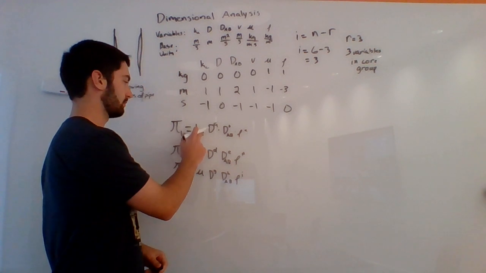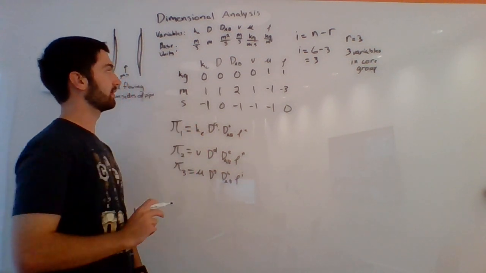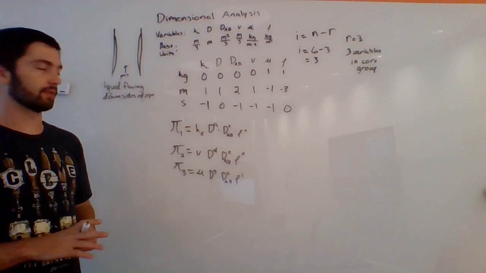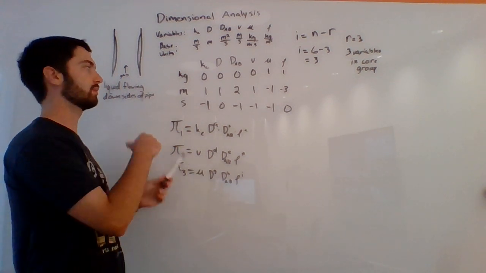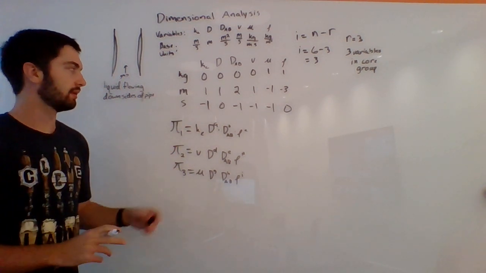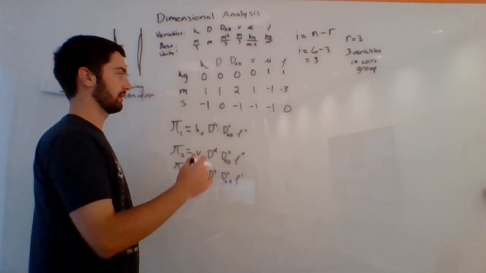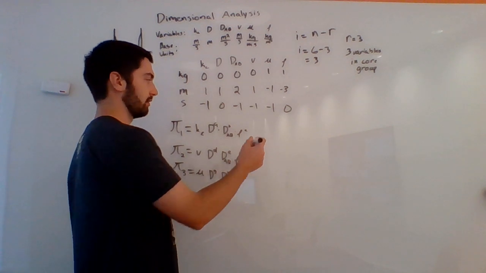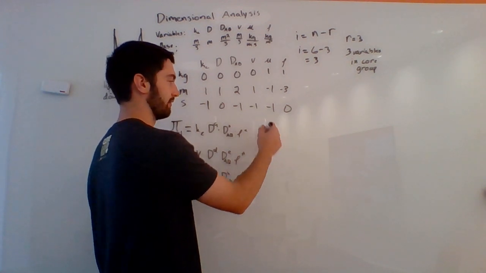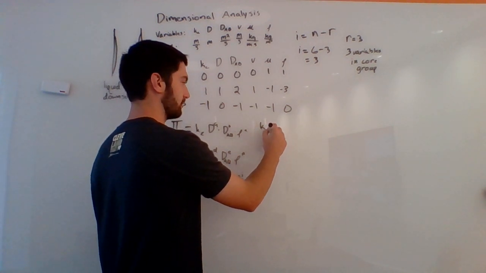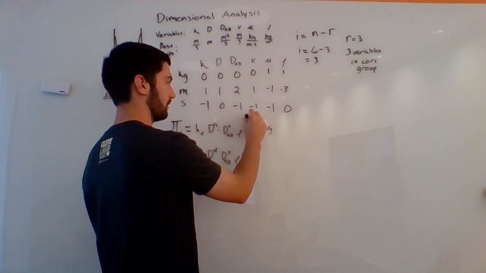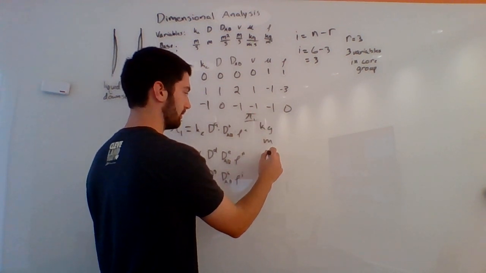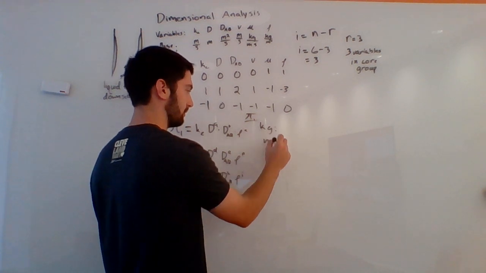So we know the units of Kc is meters per second, so we know we're going to have at least 1 meter in the numerator, 1 second in the denominator. And we're going to start with making a system of equations for all of the base units. So this is pi 1, kilograms, meters, seconds.